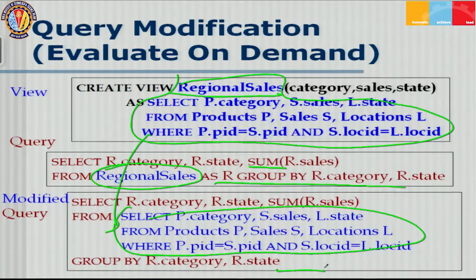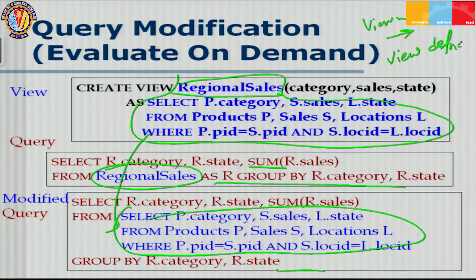This is known as query modification. What modification is done? Basically the view name is replaced by its definition. That is the modification that is done by the system.